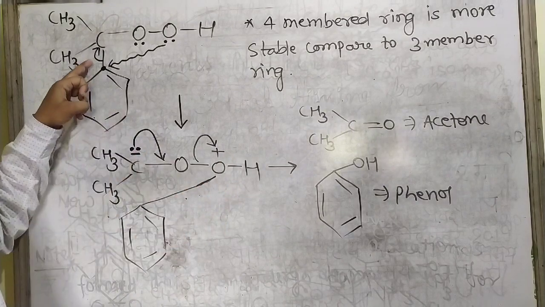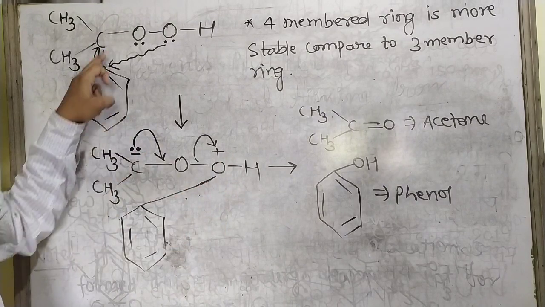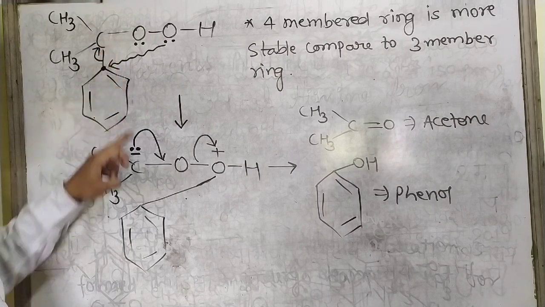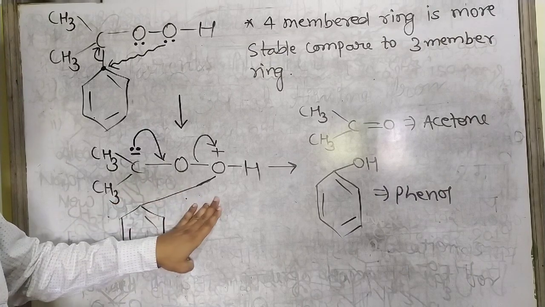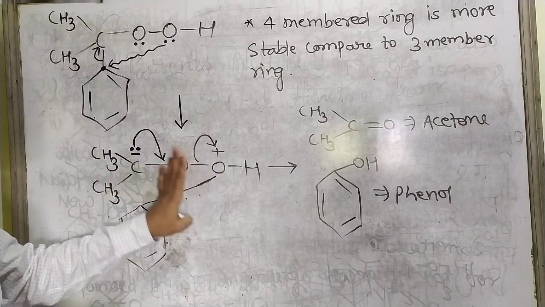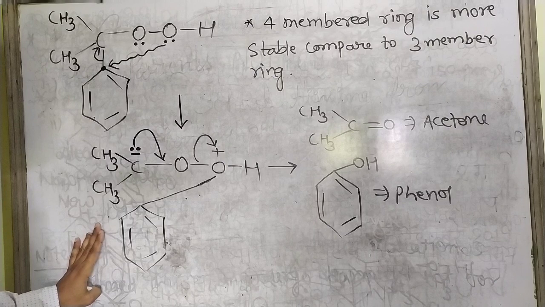This bond gets detached from the benzene ring and comes towards the carbon, hence there is a negative charge on the carbon. So this is the transition state in this reaction.